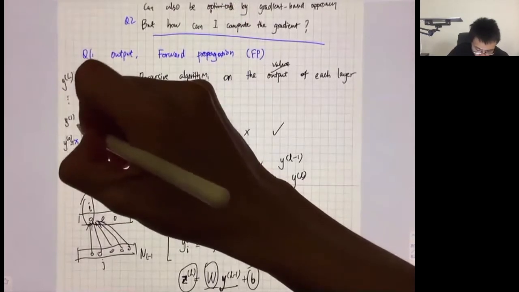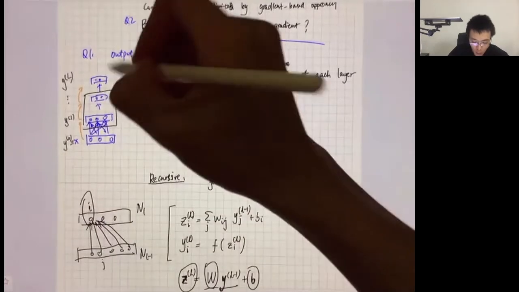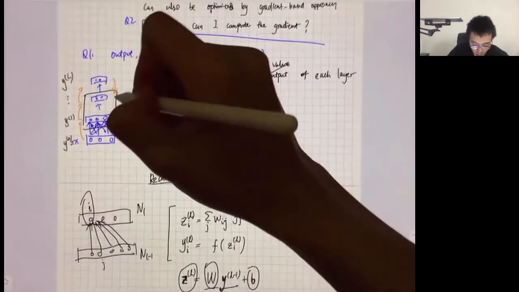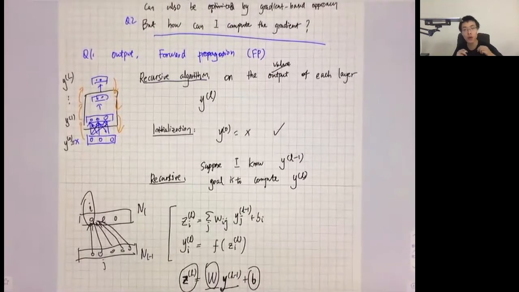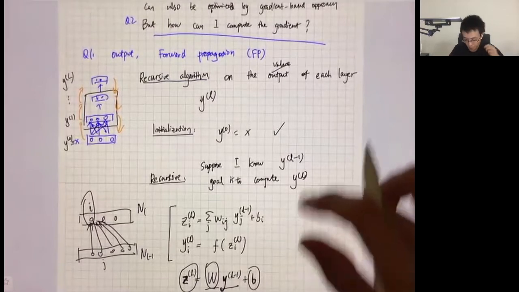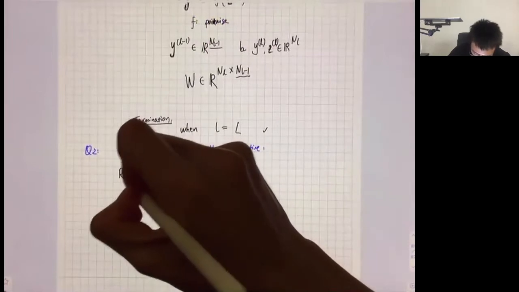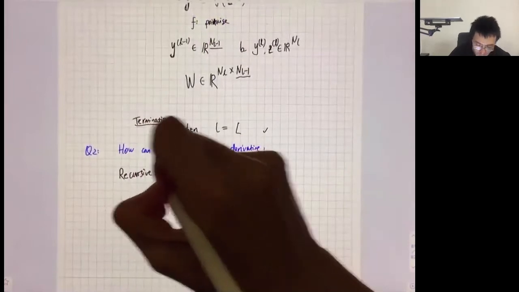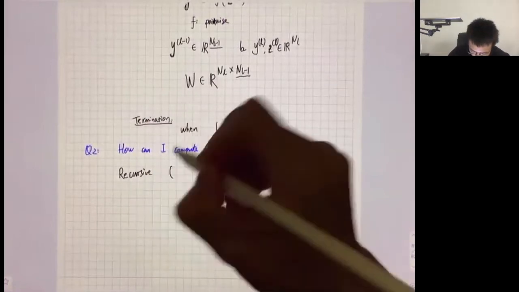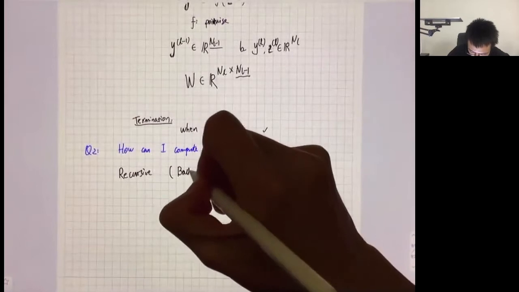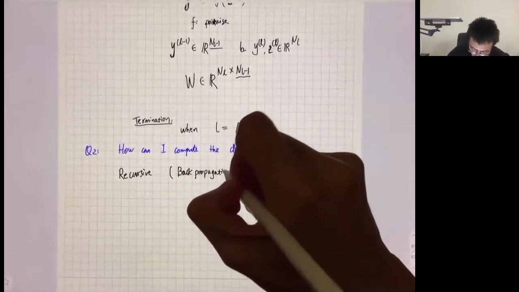You start from the lowest layer, then you compute up to the output layer. Then you compute the partial derivative of the output layer, then you go back, layer by layer, and compute the partial derivative of all layers. So it's also a recursive algorithm. Starting from the upper layer, then you compute the partial derivative of the lower layer. It's known as back propagation, or BP.